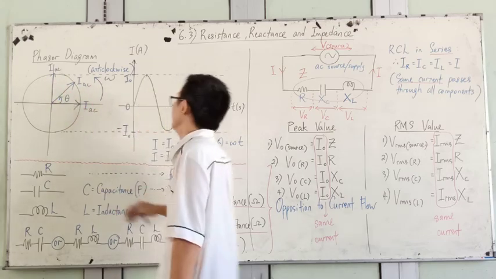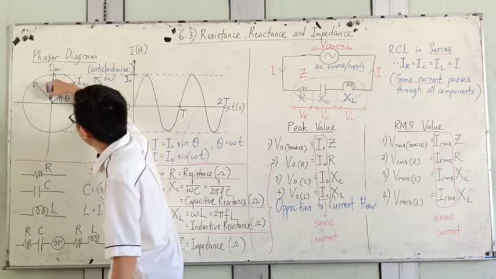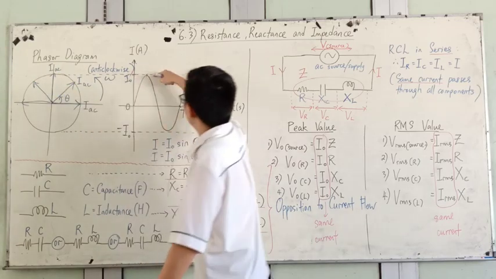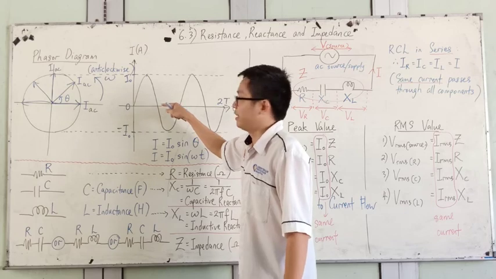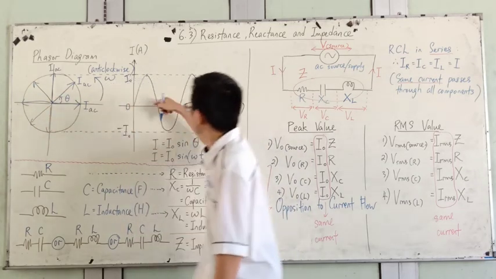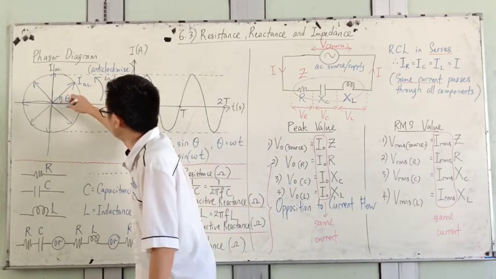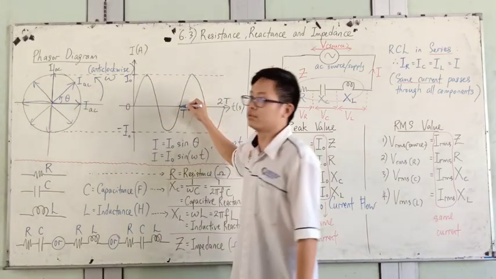When it rotates, it goes back to 0, then goes down some more, and then returns to the x-axis.